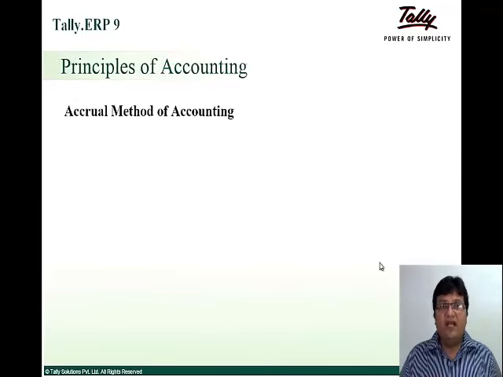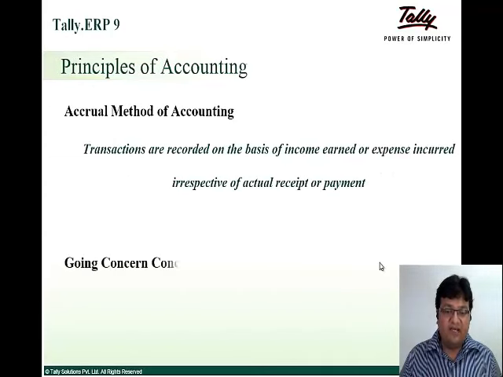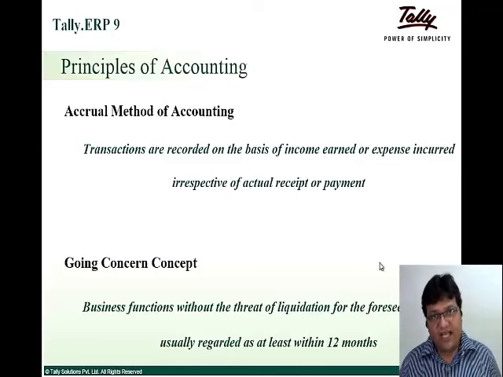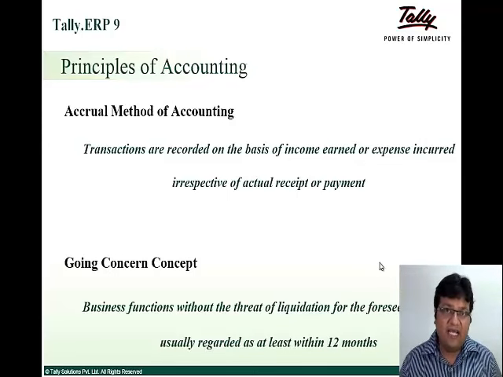Then we spoke about accrual method of accounting, where the transaction is recorded on the basis of income earned or expense incurred, irrespective of whether the actual money has been received or the payment has been made. Then going concern concept, where we said that the business continues to operate without the fear of liquidation for a foreseeable future, approximately 12 months.